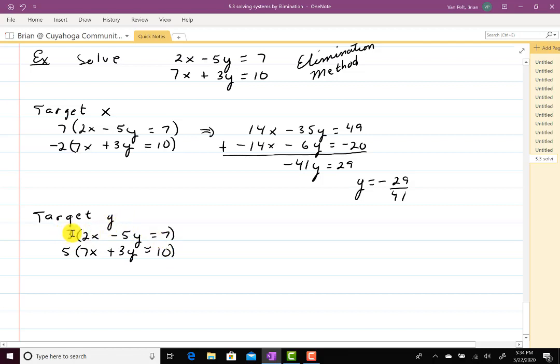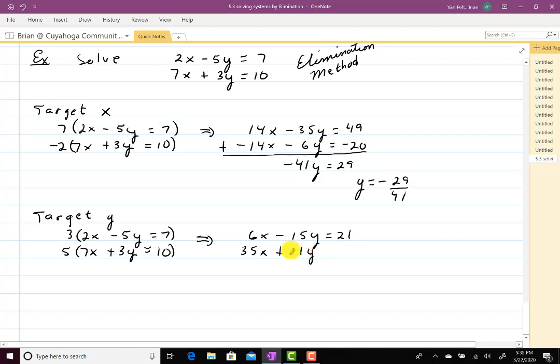So now let me check my numbers. I'll have negative 15y in the first equation, 15y in the second equation, so they'll cancel. Let me rewrite my equations now. For the second one, I have 35x plus 21y.